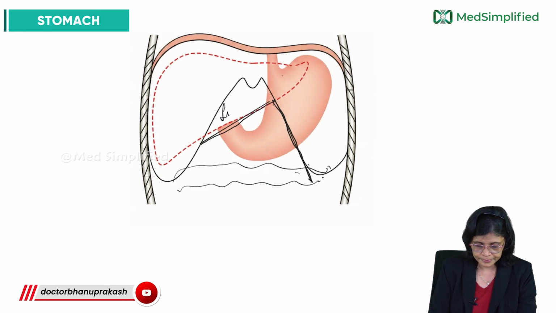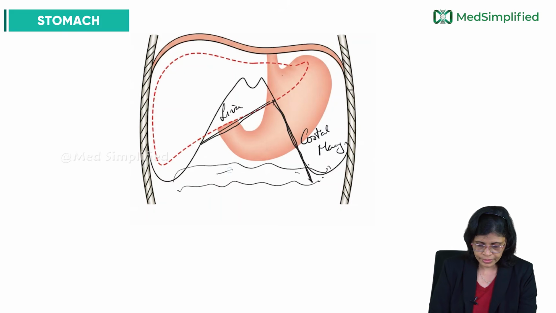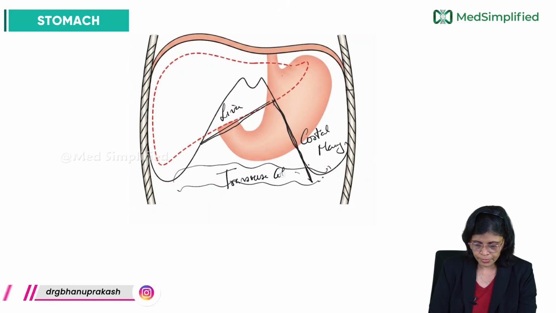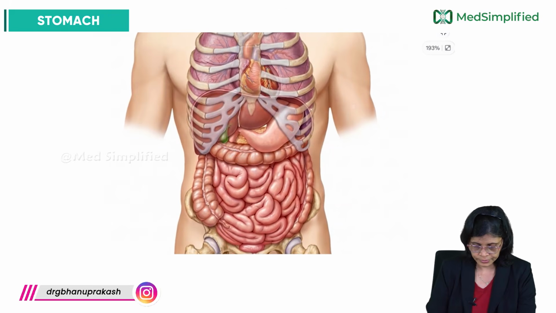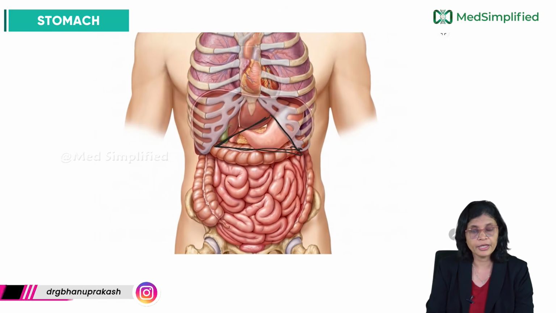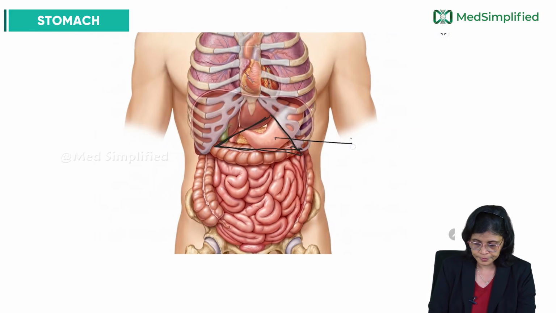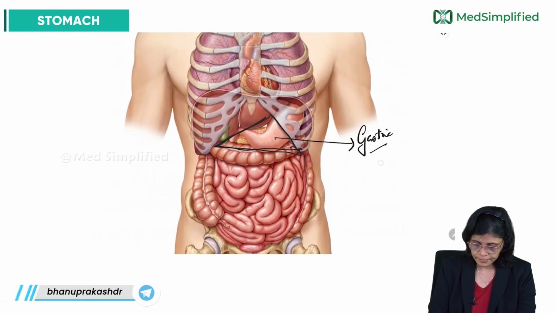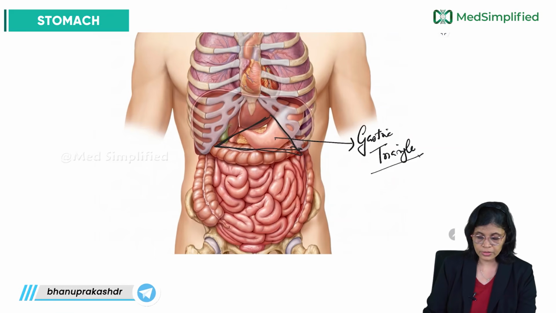So the liver, the costal margin and the transverse colon will be forming the boundaries. This is the region which will be in direct contact with the anterior abdominal wall. It's called the gastric triangle.